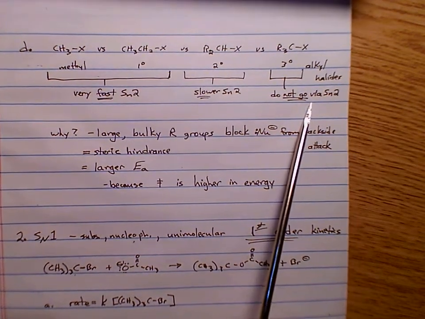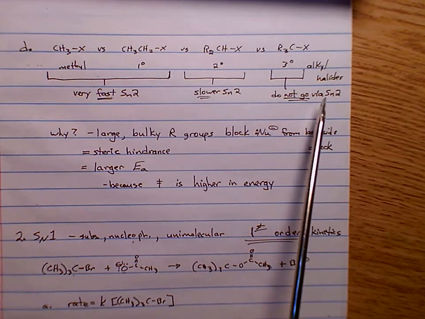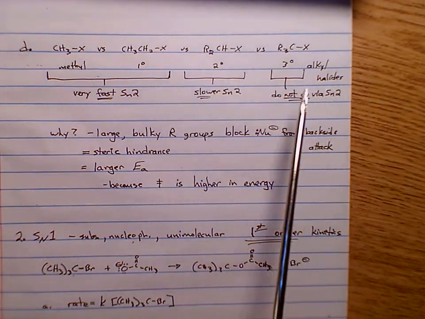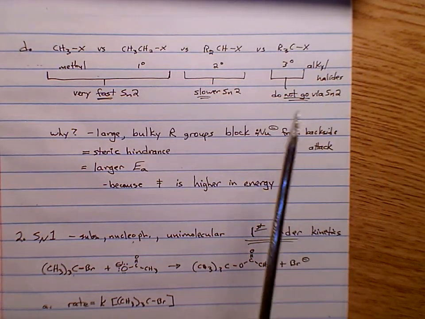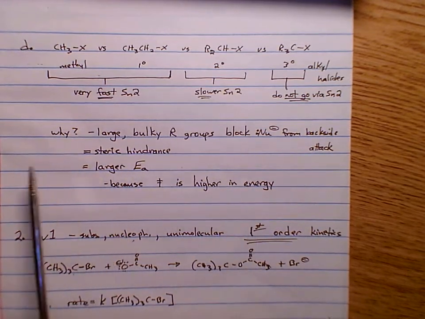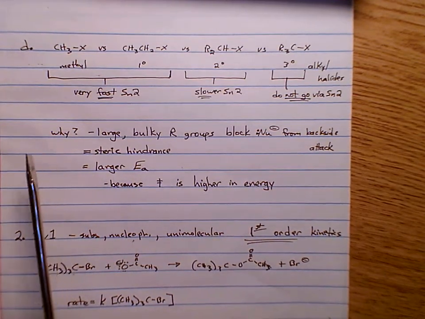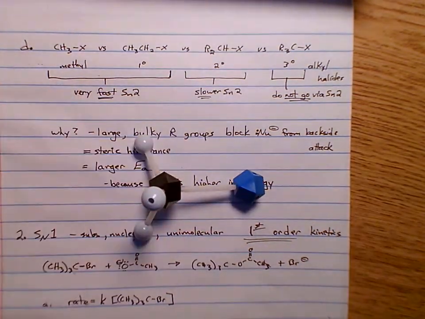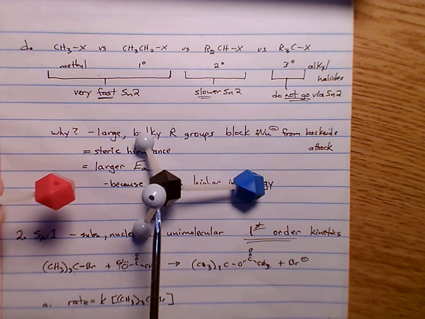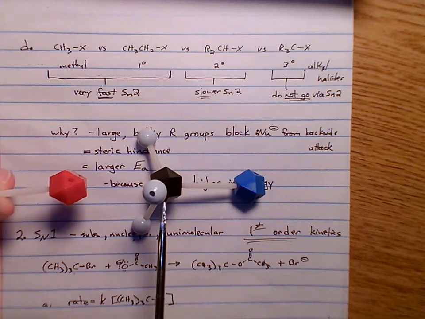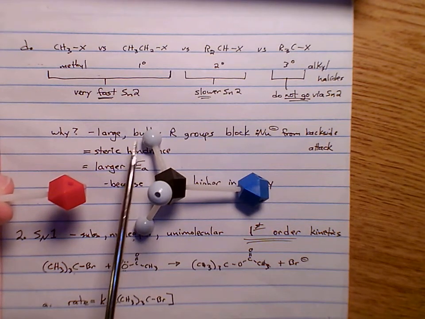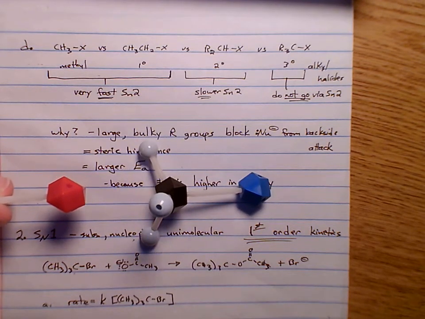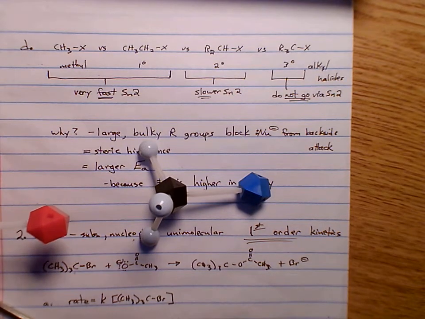For tertiary alkyl halides, the reaction is way too slow to get anywhere. Why is this? Well, it's because of that backside attack. When the nucleophile has to come in from the backside, this carbon here is being shielded by the 3 hydrogens here. And so the nucleophile has to get in there.